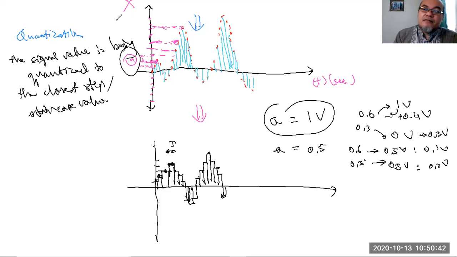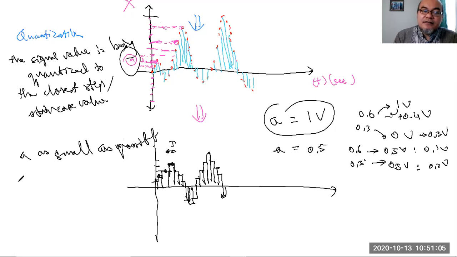So if we want the digital data to approximate the original analog data more closely, we have to make A as small as possible. What does it mean, as small as possible?